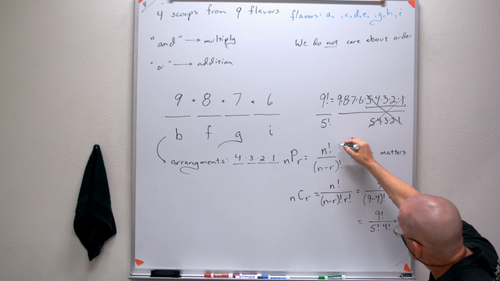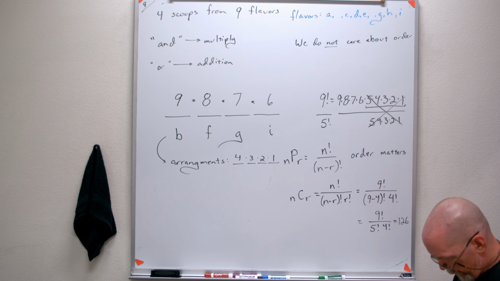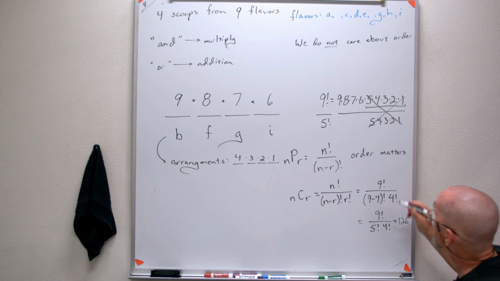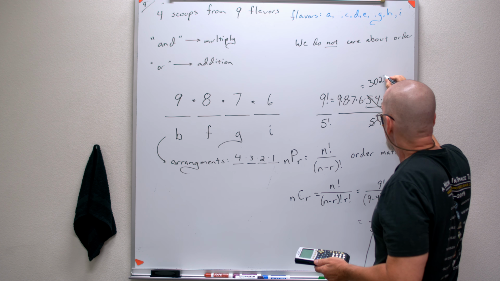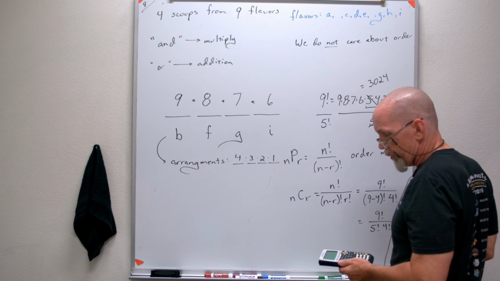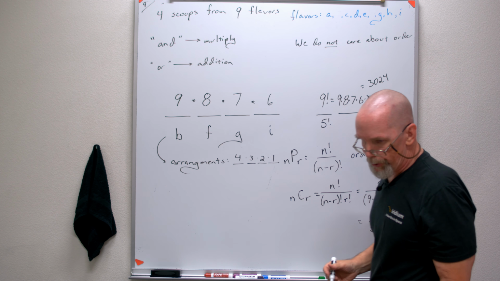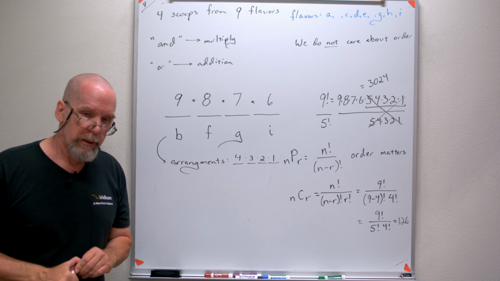For this one, it would have just been 9 factorial divided by 5 factorial, and that's going to be 24 times as large. Many more options on the permutation, 3024. So if I care about the order, we get a little bit more than 3,000 ways of doing it. If I don't care about the order, 126. And that's because rearranging it gives you more options that matter to you.